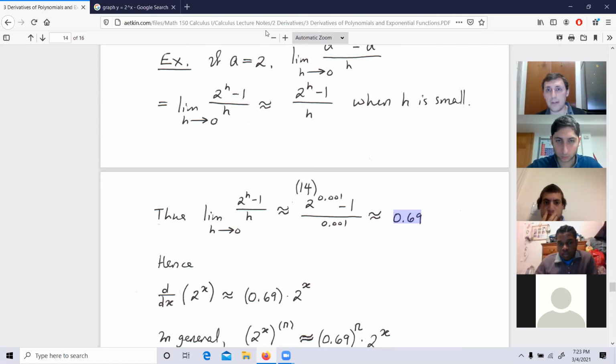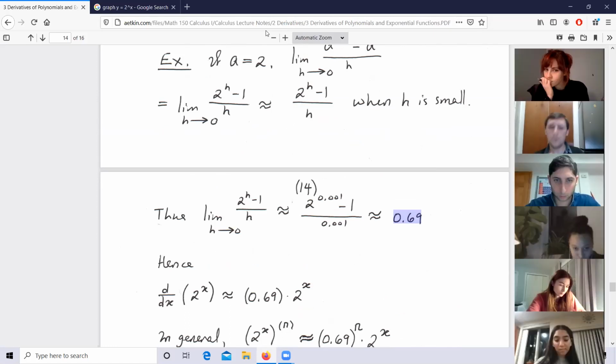You all have calculators. I'd like you to carry out the same calculation from the beginning for 3 to the x. You understand? Tell me what approximately is the derivative of 3 to the power of x.